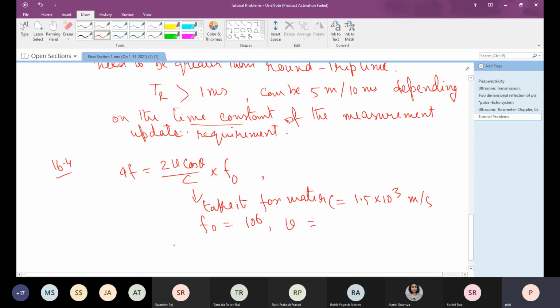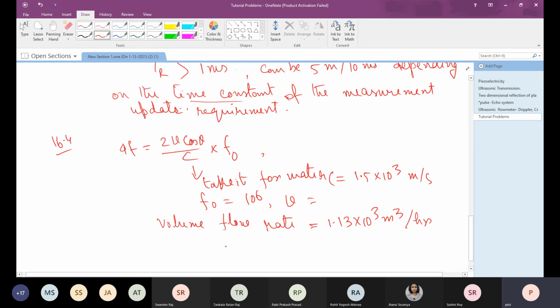So we have volume flow rate, in meter cube per hour. So area, diameter is given, 0.1 square.